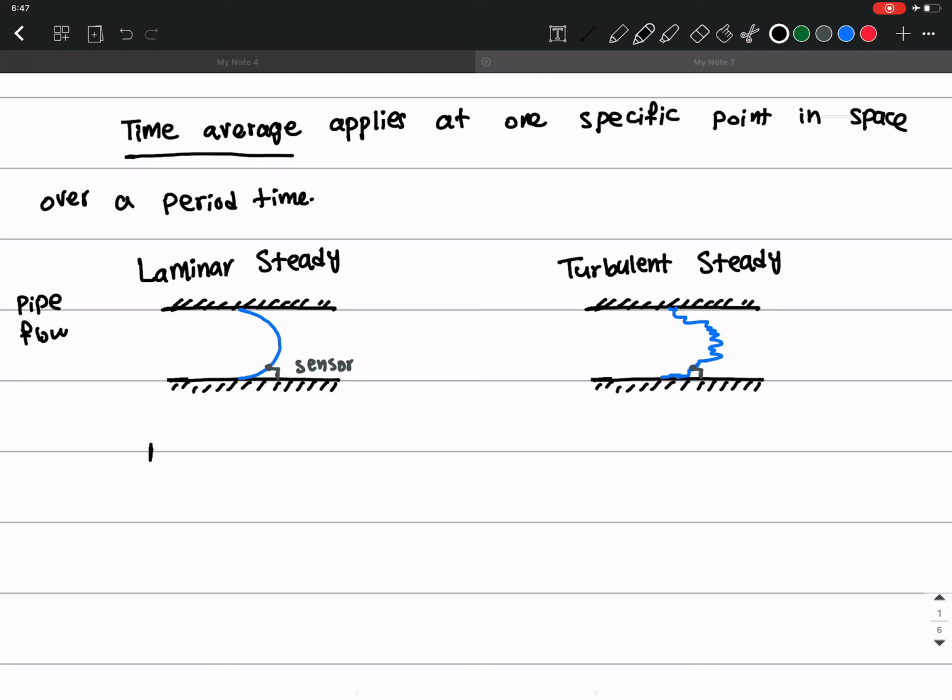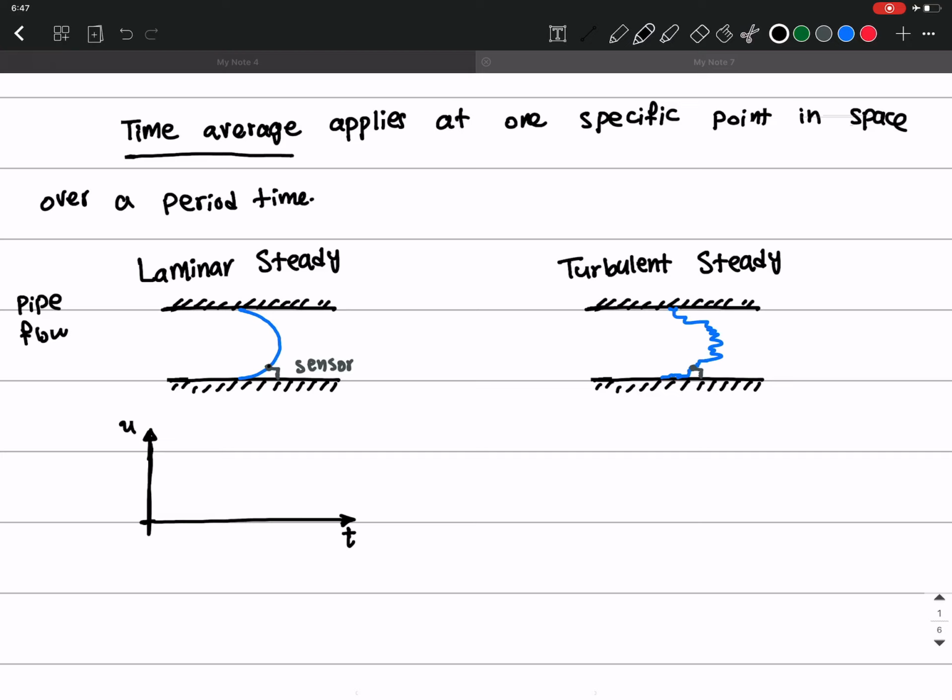So when we have a steady flow, a laminar flow, if we want to plot the U here as a function of time, so this is time, t, and here we have the velocity at that sensor.